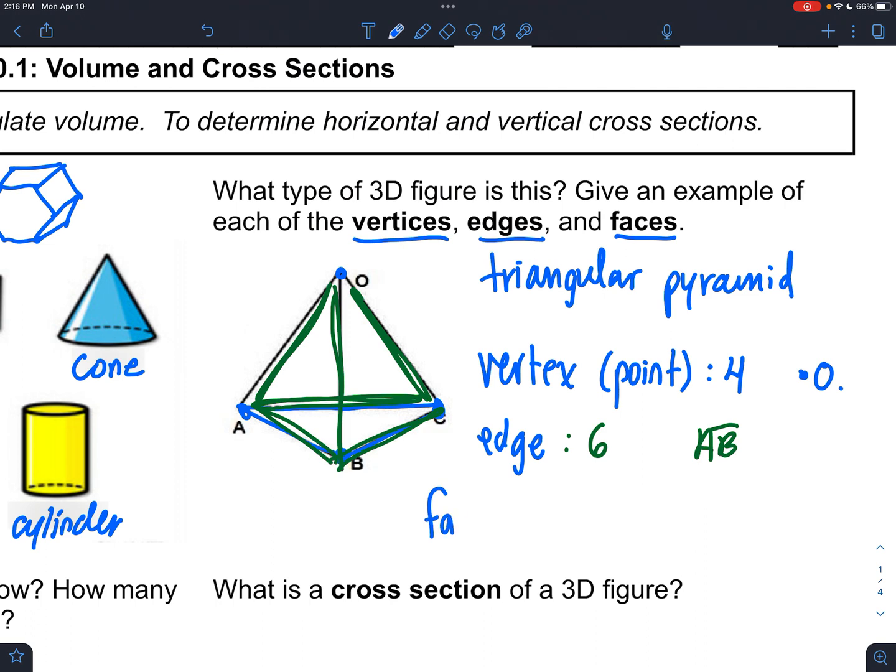And the faces are the flat two-dimensional, it's like an entire side plane of the figure. So an example, we have this one here, this one here, the one in the back and the one on the bottom. So there's 4 faces, and a face is a flat plane, but of course it's cropped into a triangle. So triangle AOB is the face on the left there.